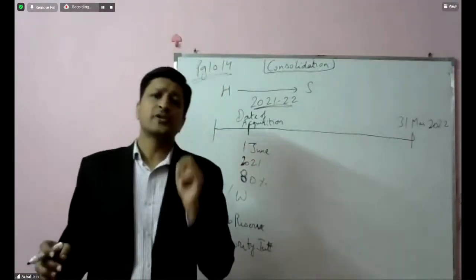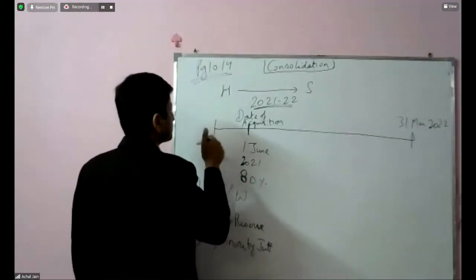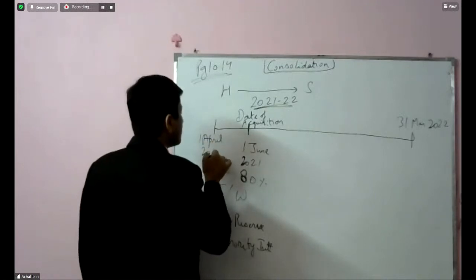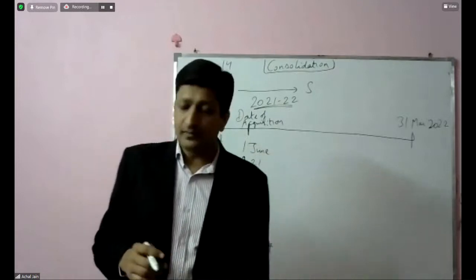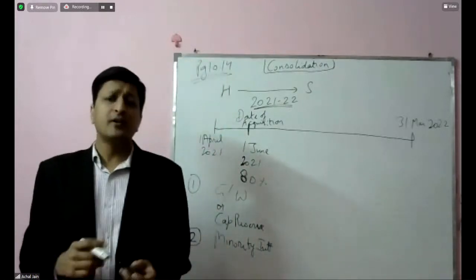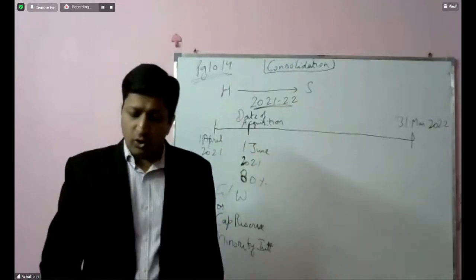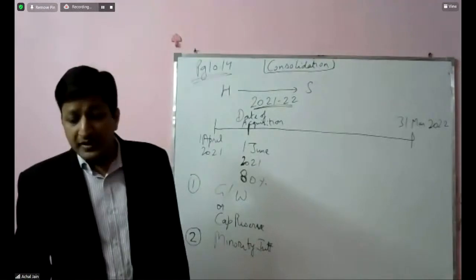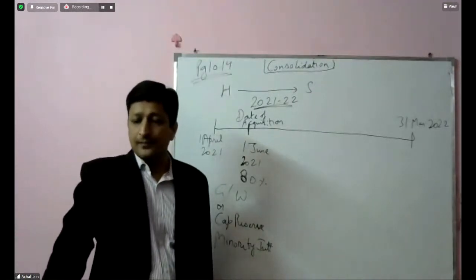I have two options for you: 1st April 2021 or 1st June 2021. This is quite logical, so I need all of you to answer. What do you think will be the date from which consolidation should start?